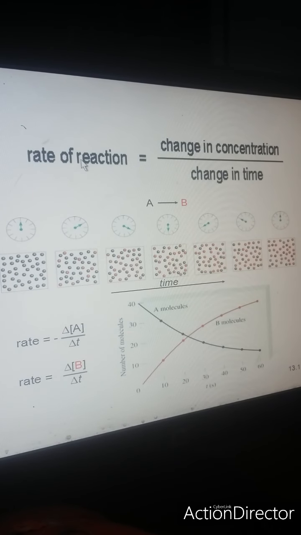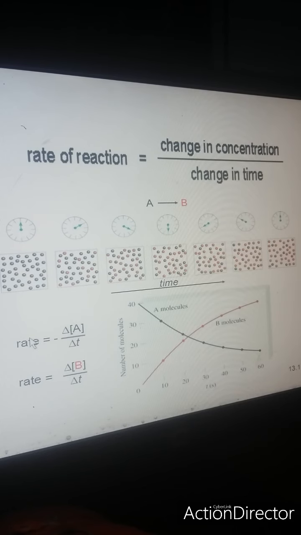If we see the formula of rate of reaction, that will be the change in the concentration of A or B with respect to the change in time. Here we are considering a reaction in which a reactant A is getting converted into product B. A is shown by black balls, and B is shown by red balls. As time passes, the concentration of A will go on decreasing, and the concentration of B will go on increasing.